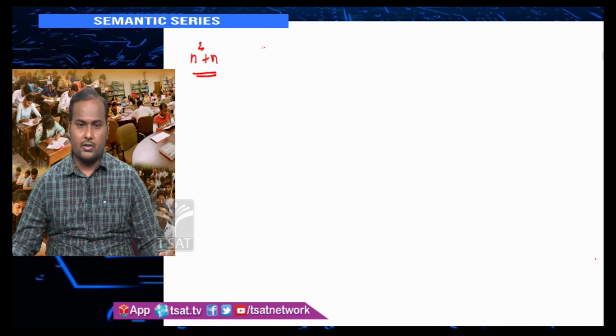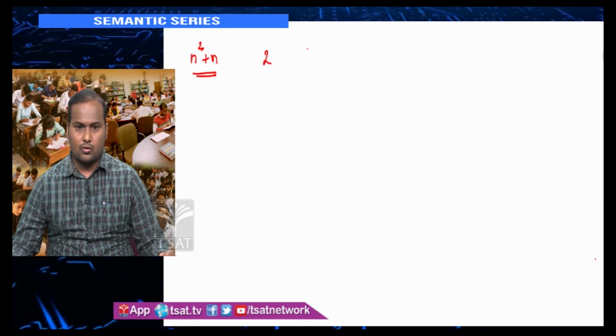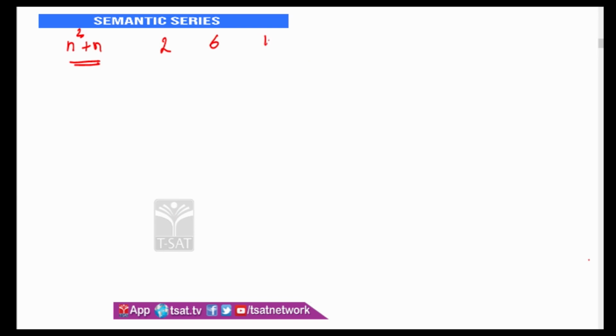See how this pattern appears. That is 1 square plus 1, 2 square plus 2, 3 square plus 3, 4 square plus 4, 5 square plus 5, and if it asks for the next one, that is 6 square plus 6, your answer will be 42. But what is important is that you need to identify the pattern.